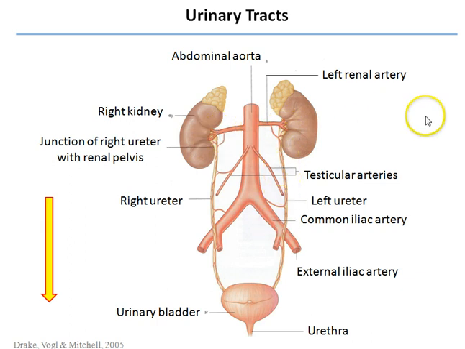And the ureters transport urine away from the kidneys inferiorly towards the urinary bladder, and that is where the urine will be stored. We'll also talk about the urinary bladder. We'll look at the basic structure of that. And then we'll look at the urethra, which is the ducting system, the tubing system, which removes urine from the body.